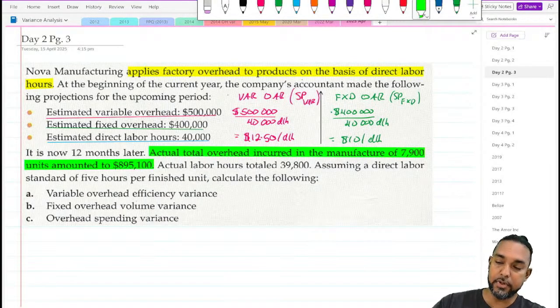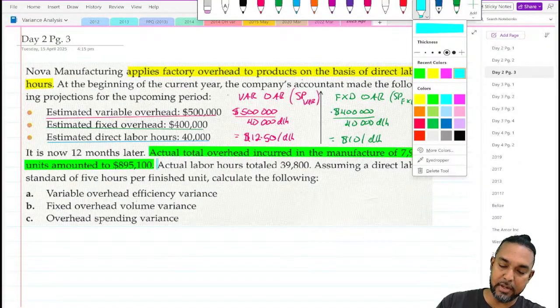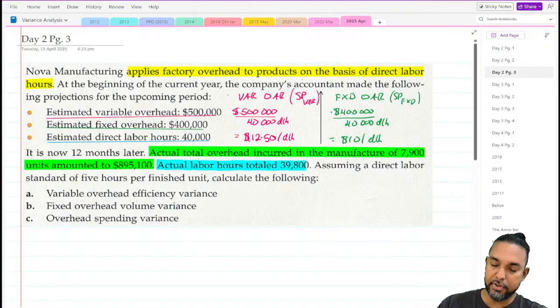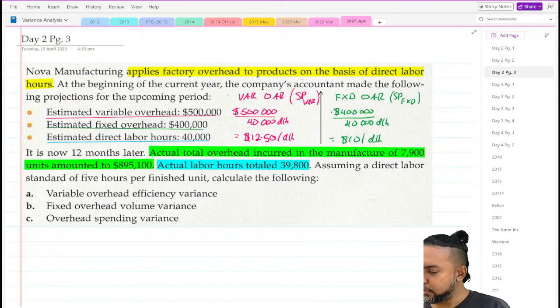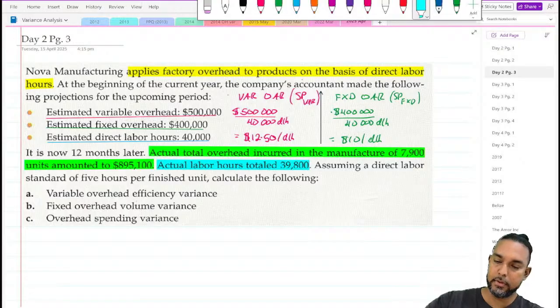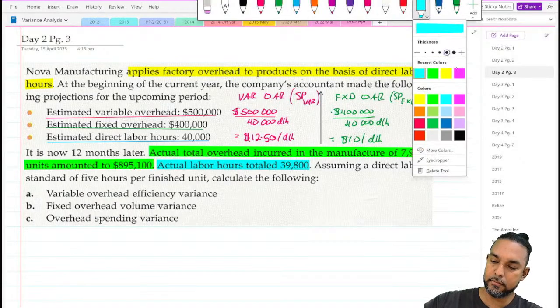Now it goes on to say that actual labor hours total 39,800.